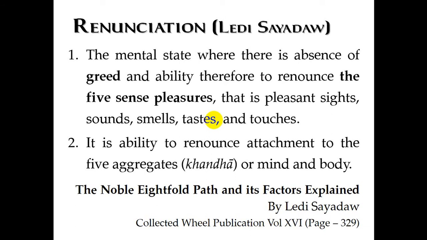And we have to renounce our feeling, perception, mental formations and consciousness. In other words, we can say mind and body, right? So we have to renounce desire and attachment to the mind and body. That is renunciation. So if we explain renunciation, it means to renounce five types of sensual pleasures. But we have different levels, right?